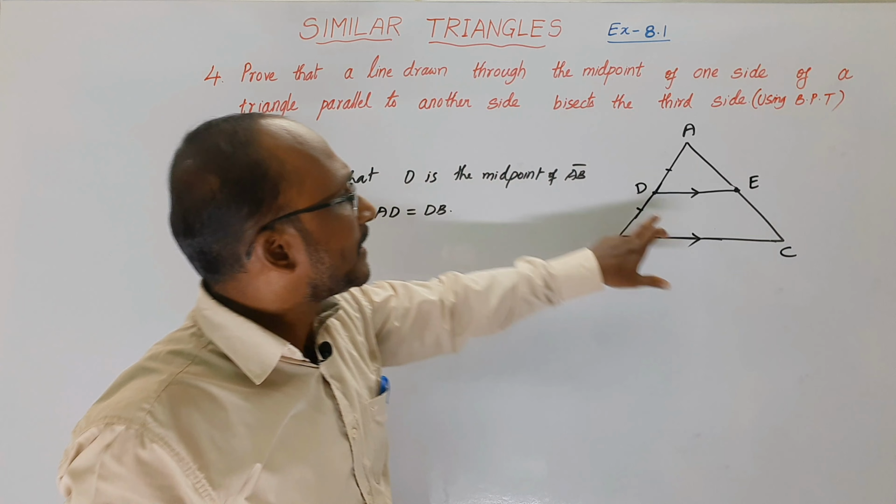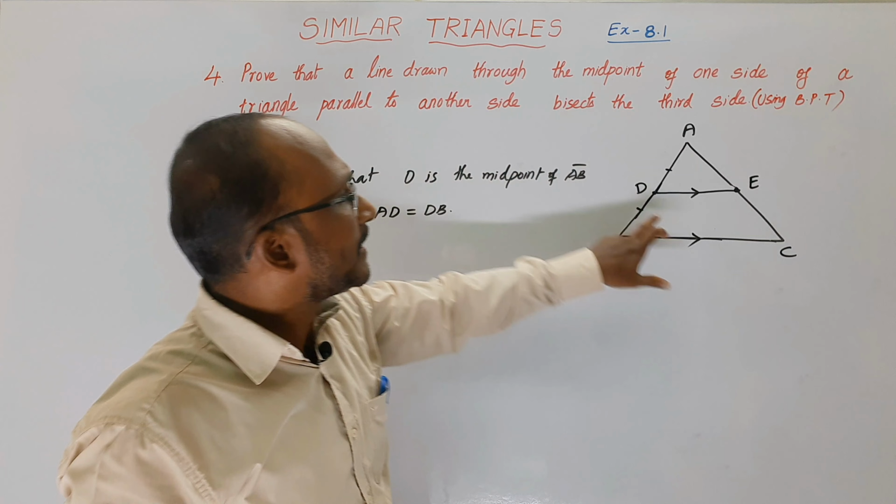Now let us take the second condition. What is that? The second condition is DF is parallel to AE. This situation is in the triangle ABE. That's why in triangle ABE, we can say that by the given condition DF is parallel to AE.